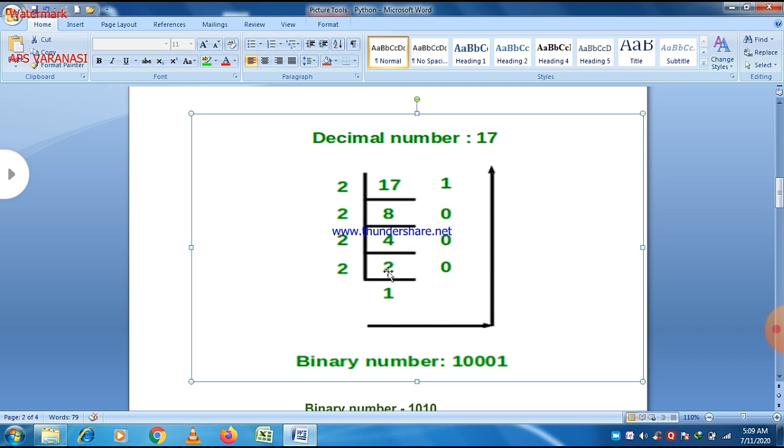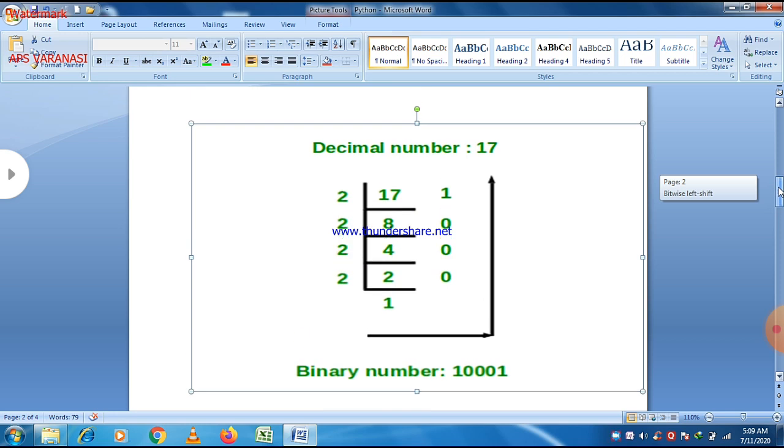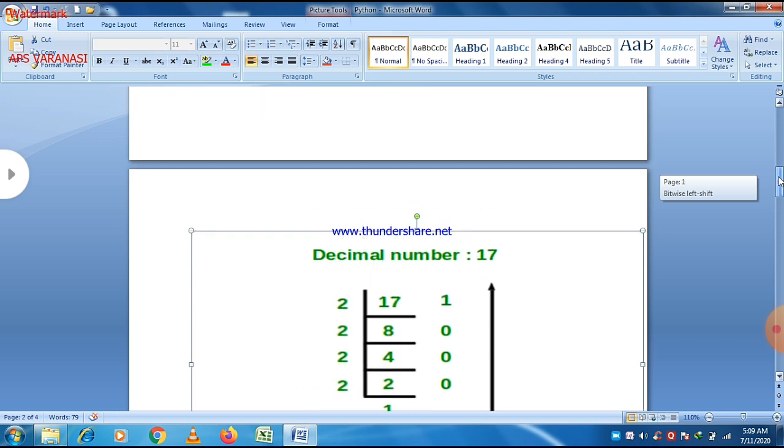Then 2 divided by 2, answer is 1, remainder 0. Follow the cursor position, and write the last number 1, and then 0, then 0, then 0, then 1, from downward to upward direction. So this is the binary equivalent of 17.